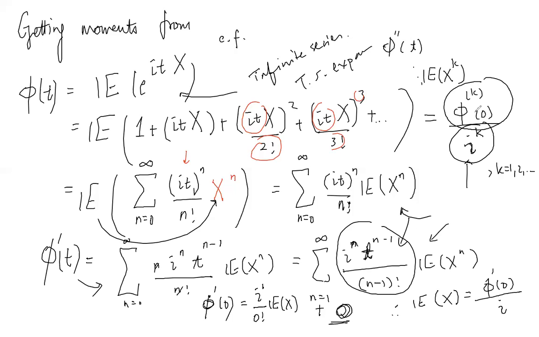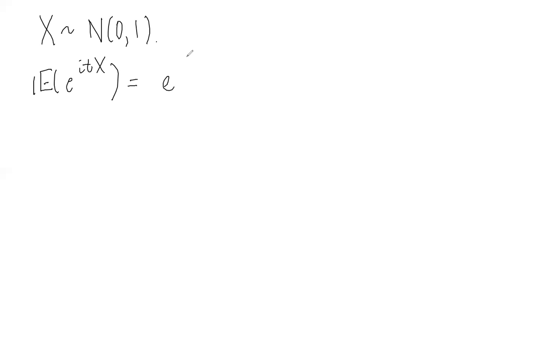All right, so let's look at some examples of using this result. Let's say my x is standard normal 0, 1. So what is my E of e to the itx?